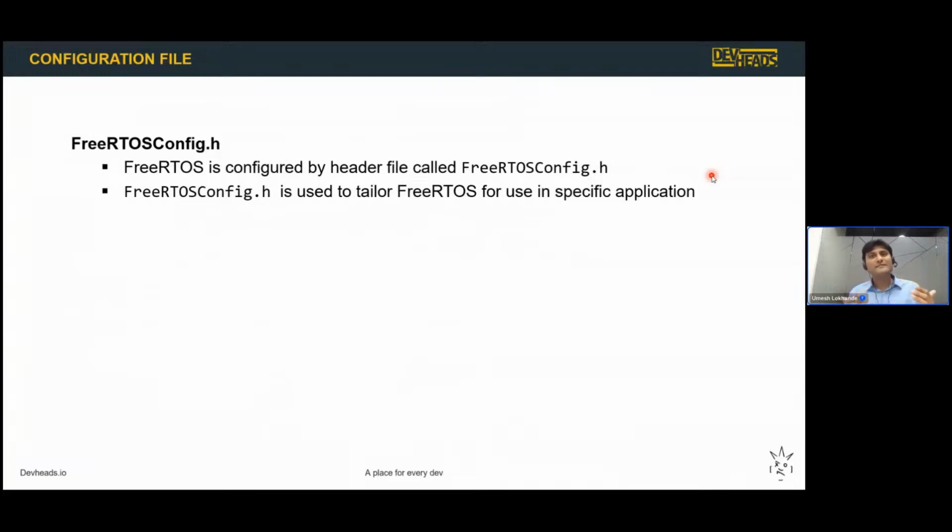By enabling and disabling, you are basically customizing based on your application requirement. So you're not using the whole thing that FreeRTOS has given you. Let's say I need the vTaskDelay function, so I can just enable that macro in this FreeRTOSConfig.h header file.